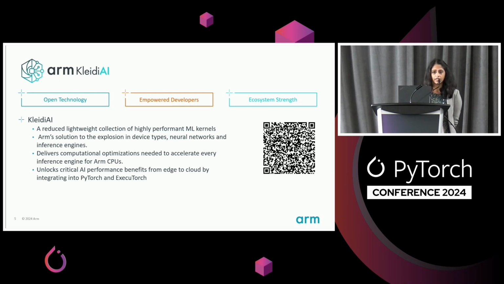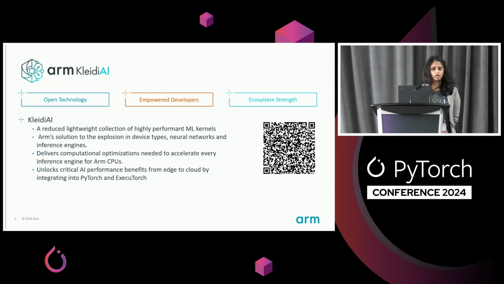You can integrate this as source files into your use cases, whether you're running classical ML or generative AI use cases, into your framework of choice. And we're working with the ecosystem to make this as seamless as possible for you by integrating it all the way from PyTorch to Executorch, so you don't really have to do anything out of the ordinary when using the frameworks.